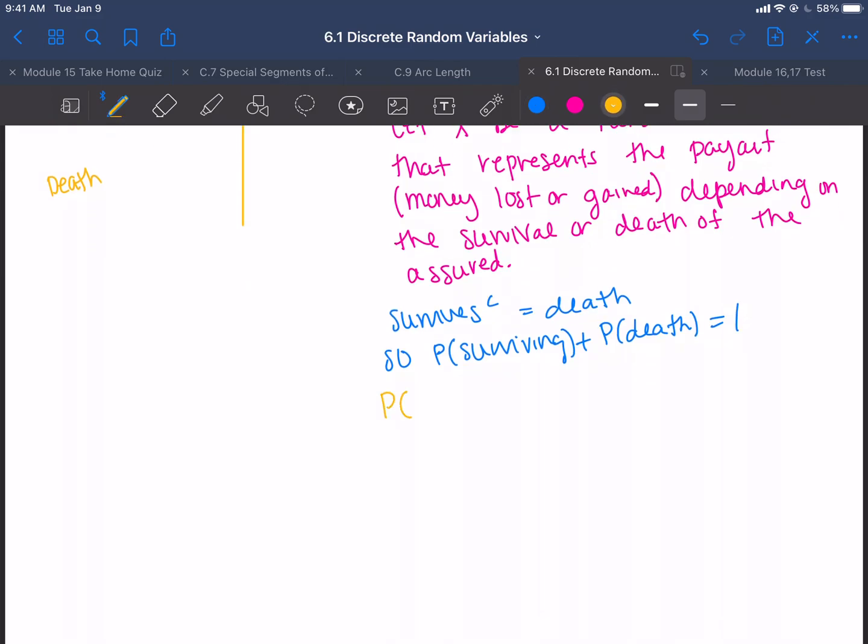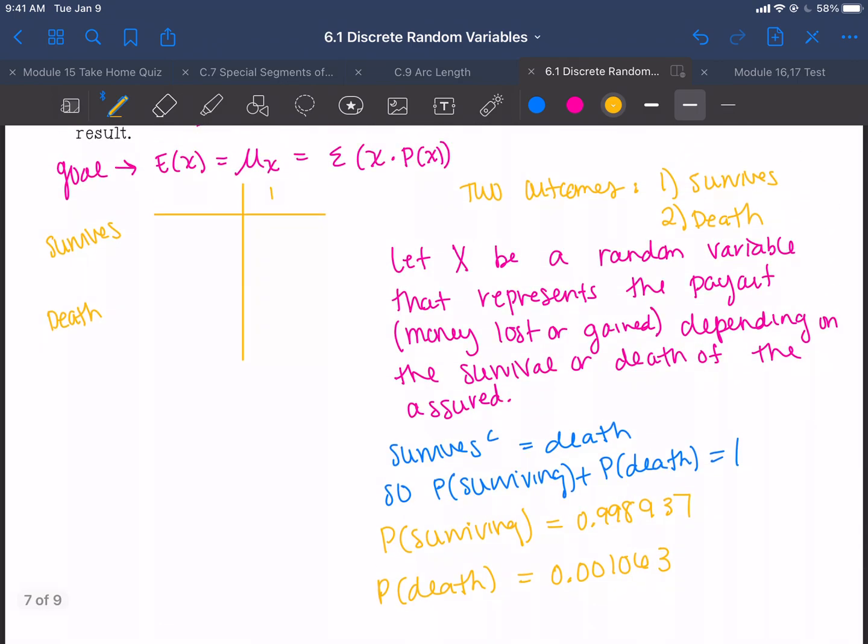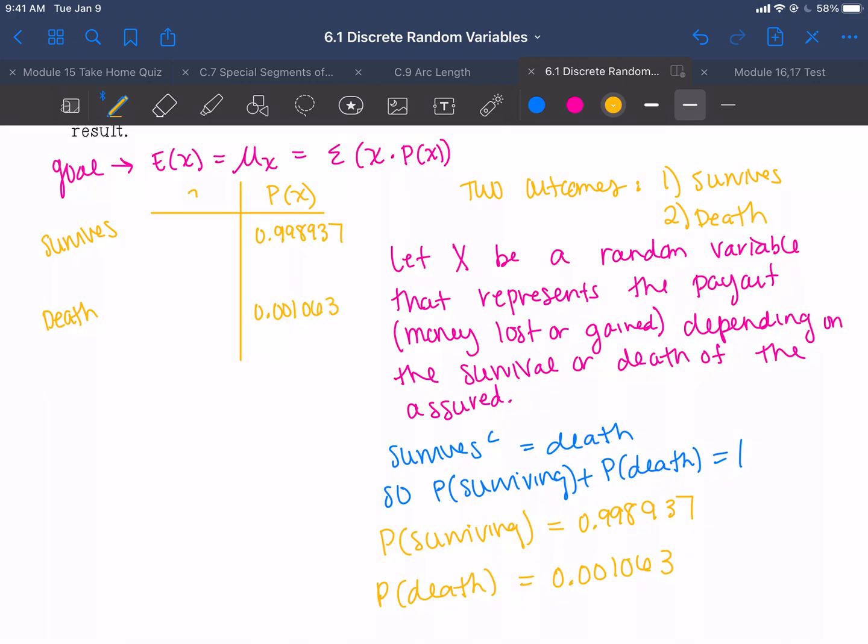So we know the probability of surviving is 0.998937, which means the probability of death, if we take 1 minus that, would be 0.001063. So those are our probabilities that we can fill in here. We got 0.998937 and 0.001063.